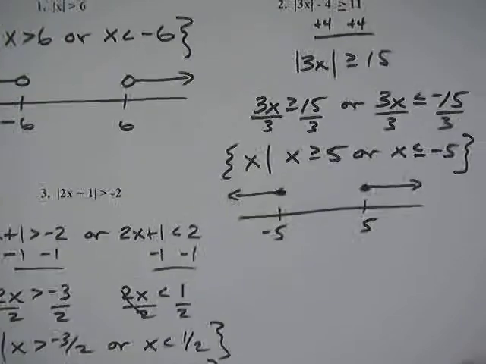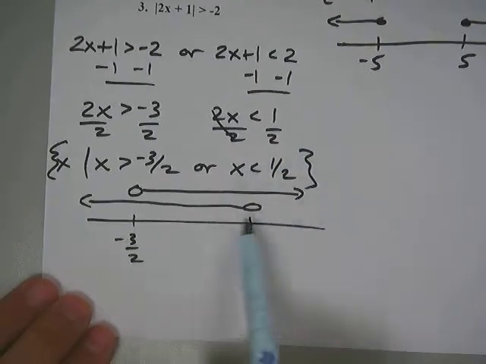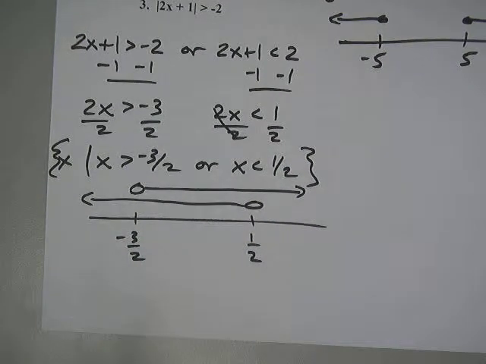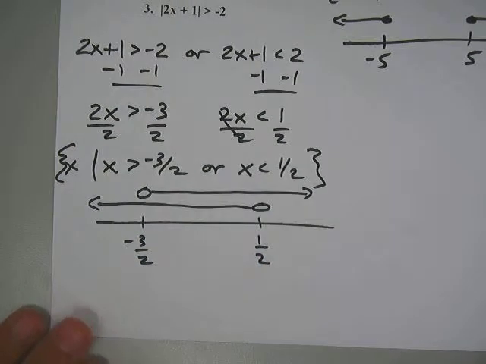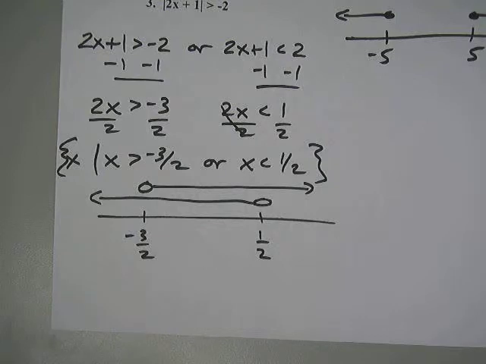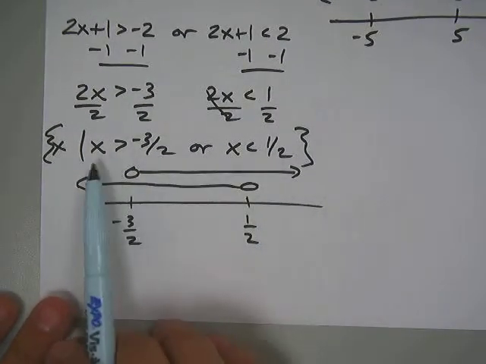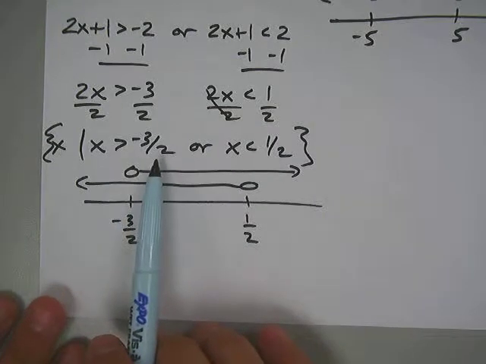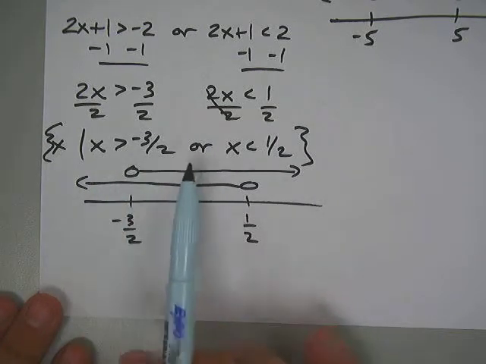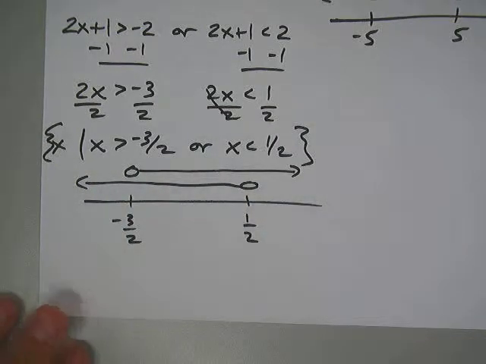Now this is saying we have x greater than negative 3 halves, and x less than positive a half. Now this is different than the other two that we just did. Now these have arrows going in opposite directions. They're crossing each other.